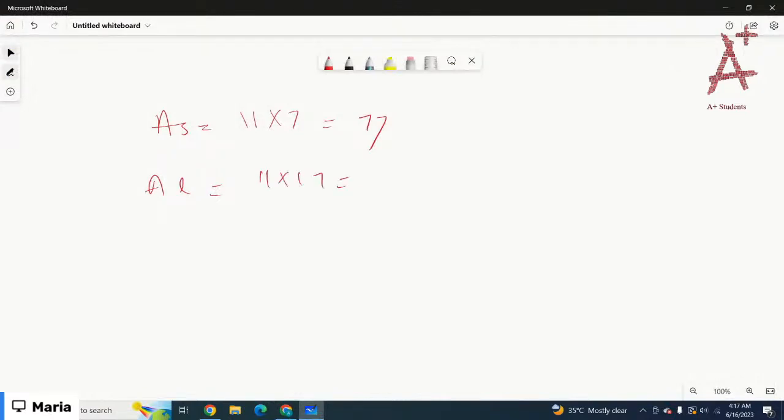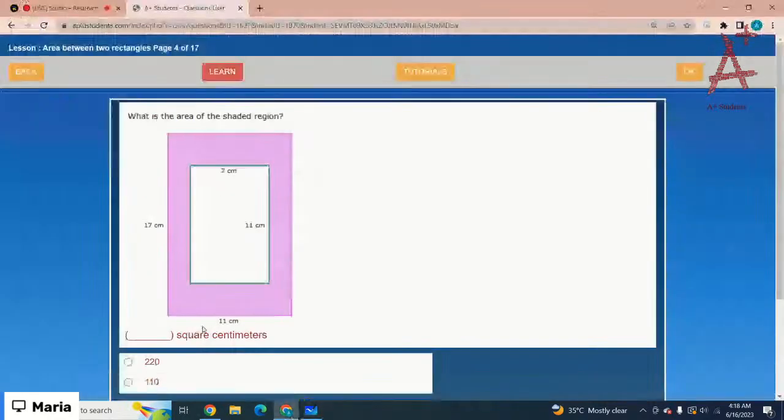Let's do the calculation. 11 times 17 is 187. The area of the shaded region would be 187 minus 77, which is 110.